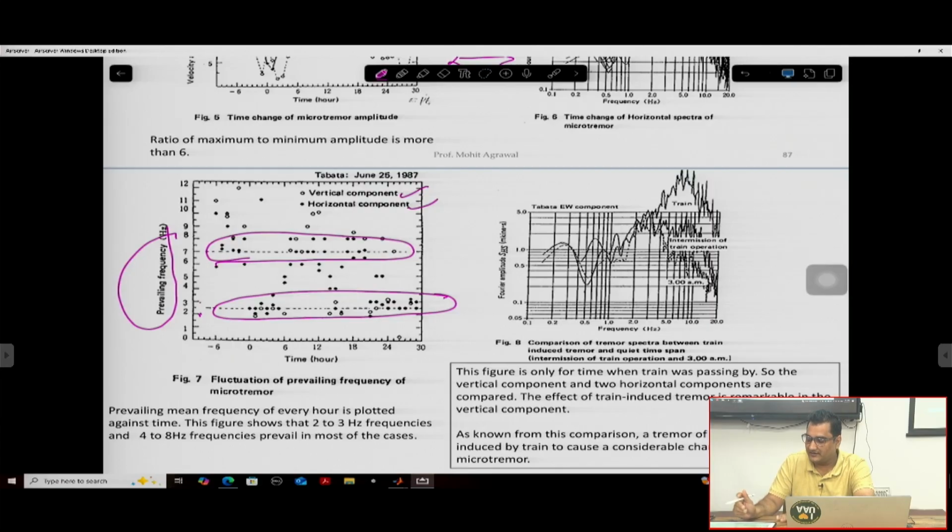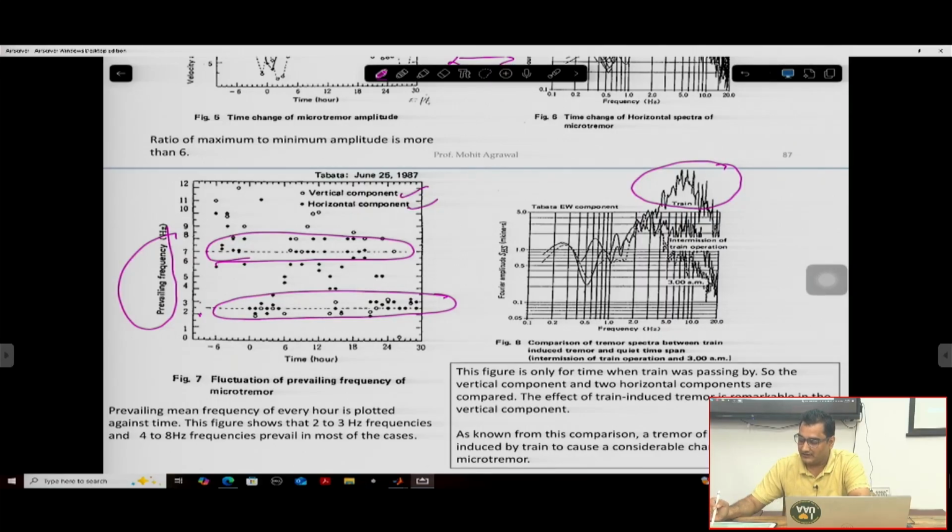Okay, these are the prevailing frequencies. So when they concluded their observations with respect to the Fourier spectrum of their amplitude, they found that the higher amplitude of the noise is occurring due to the presence of the train over there, and that might be affecting their data.